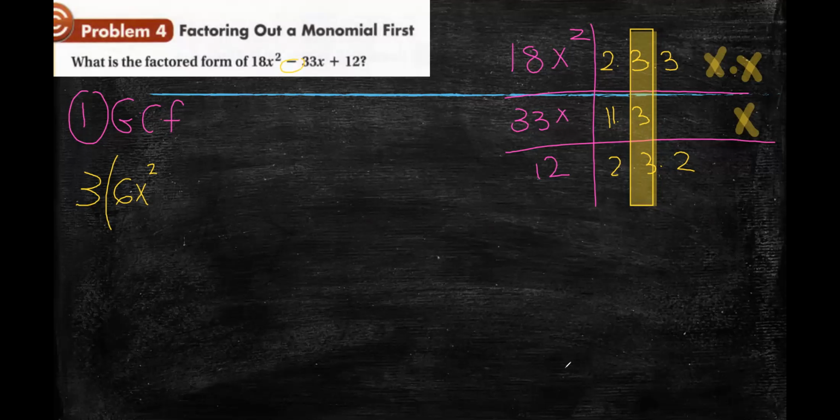In the old one, we have minus 33. Negative 33, so I must write it as negative.